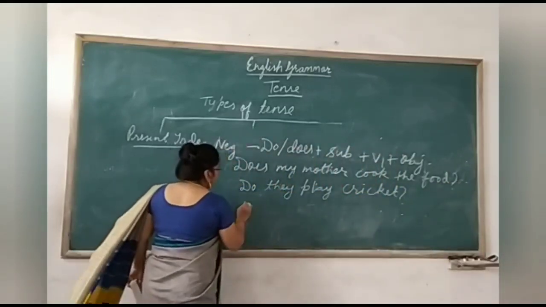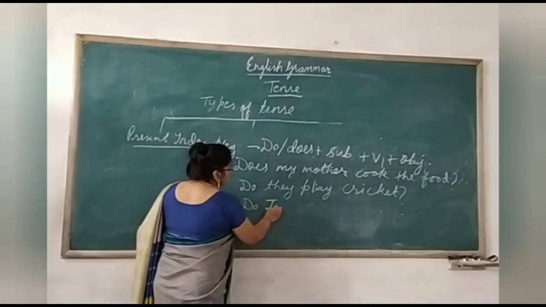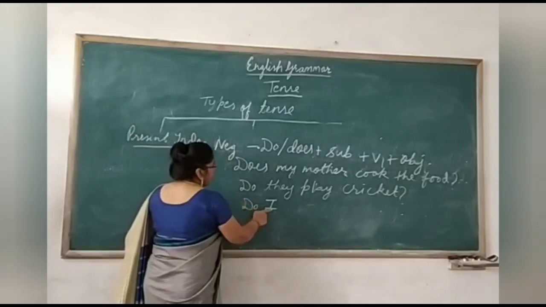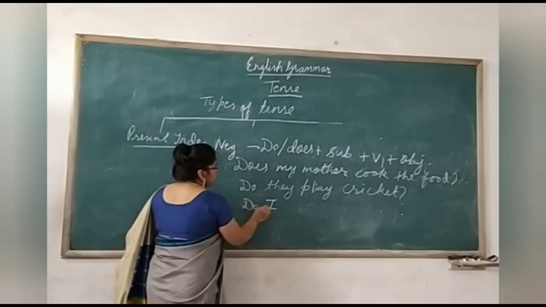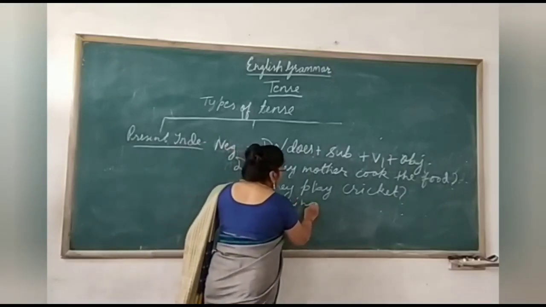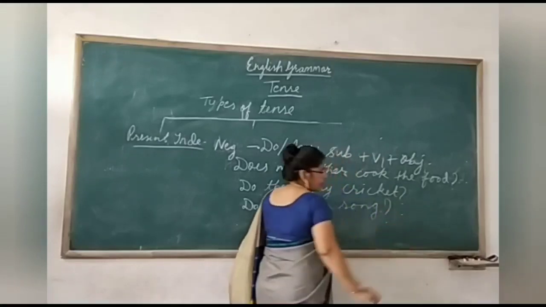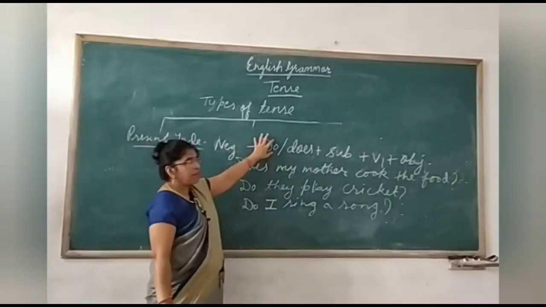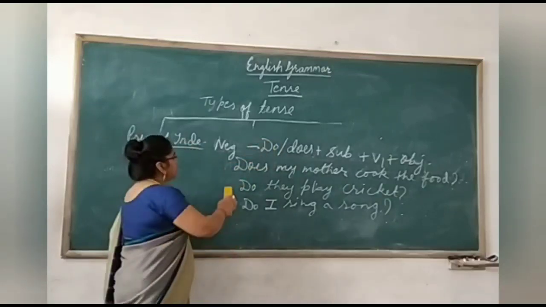Same way, if I take I, then because to construct indefinite tense, the helping verb will be in the beginning. Do I sing a song? Things are clear? You have to remember the structure. Only if you remember the structure, nothing is hard.